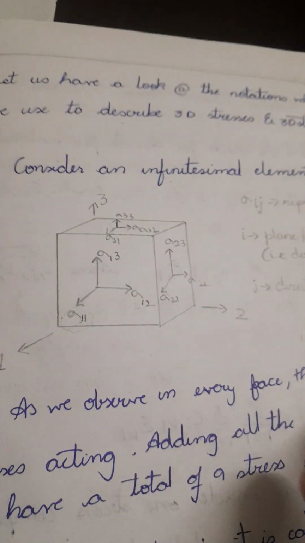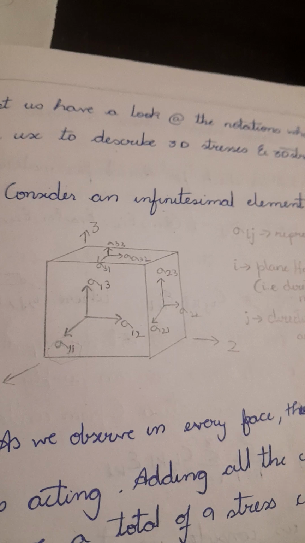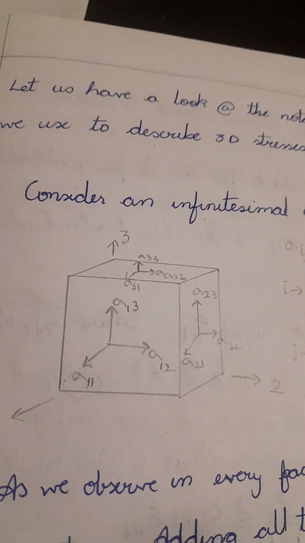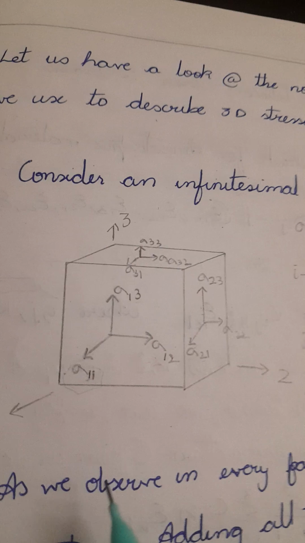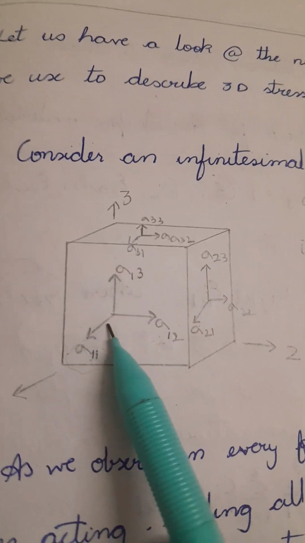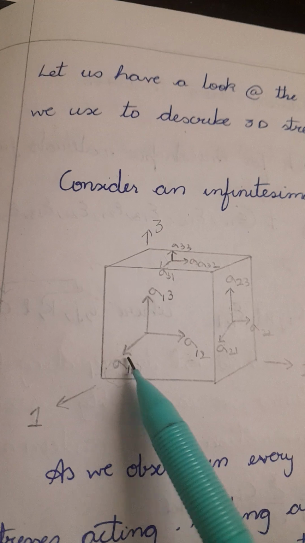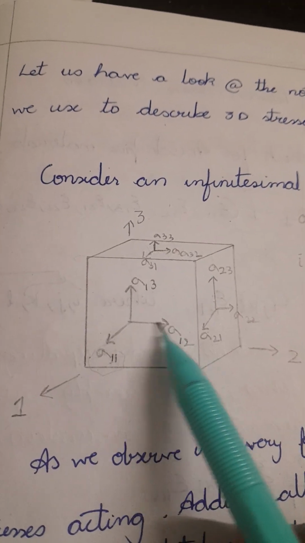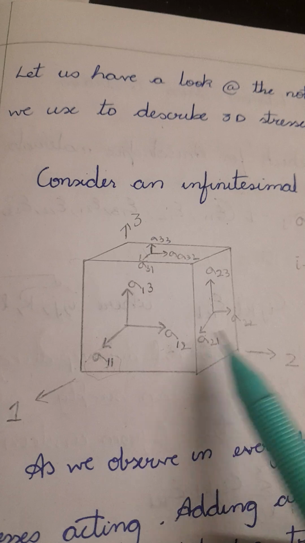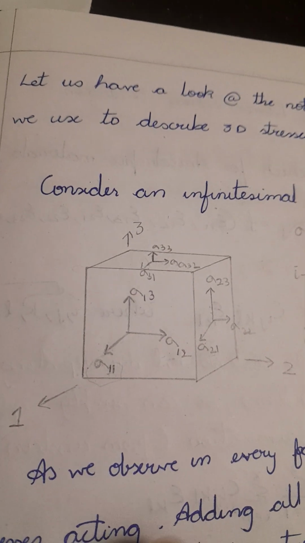Okay, so basically now we've seen that one cube, like one infinitesimally small particle, has got a total of 9 stress components, right? Out of which some are acting in the directions of the axes. Sigma 11 and 12 are aligning with the axes, 21 and 22 are aligning, 31 and 32 are also aligning with these axes.